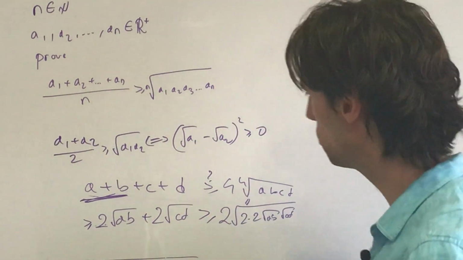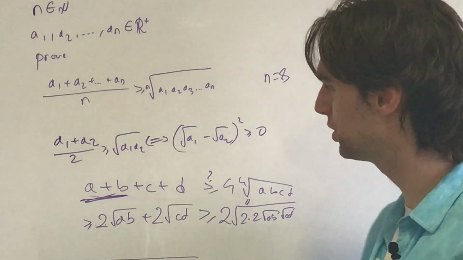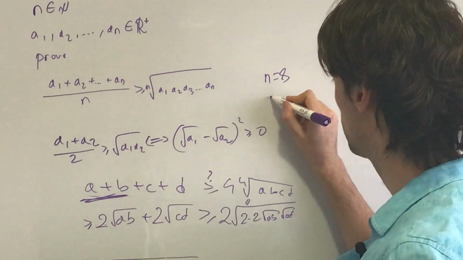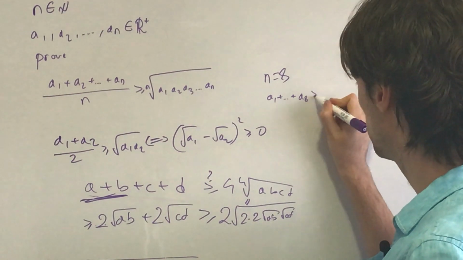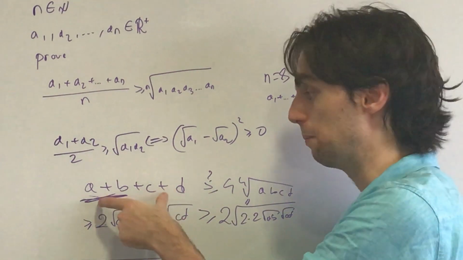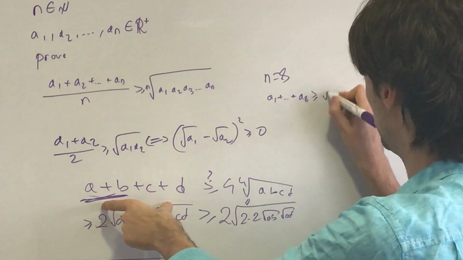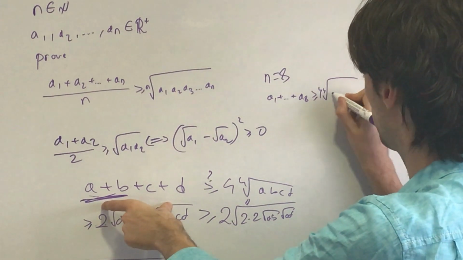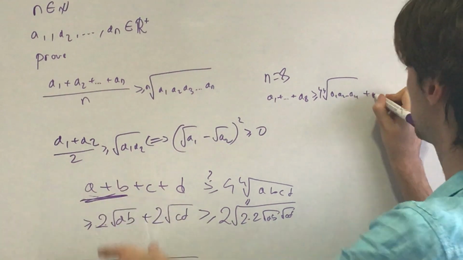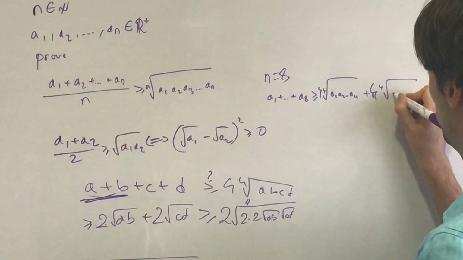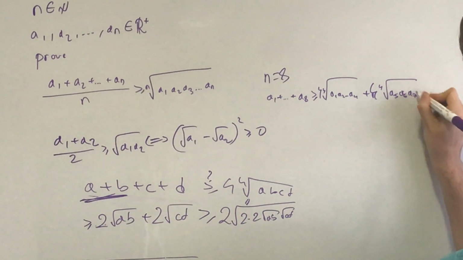And if you think about it, well, we can also solve for n equals 8, right? So we have a1 plus all the way till a8. By this thing right here, we'll know this is greater than or equal to 4 times the 4th roots of a1, a2 till a4 plus 4 times the 4th root of a5, a6, a7, a8.